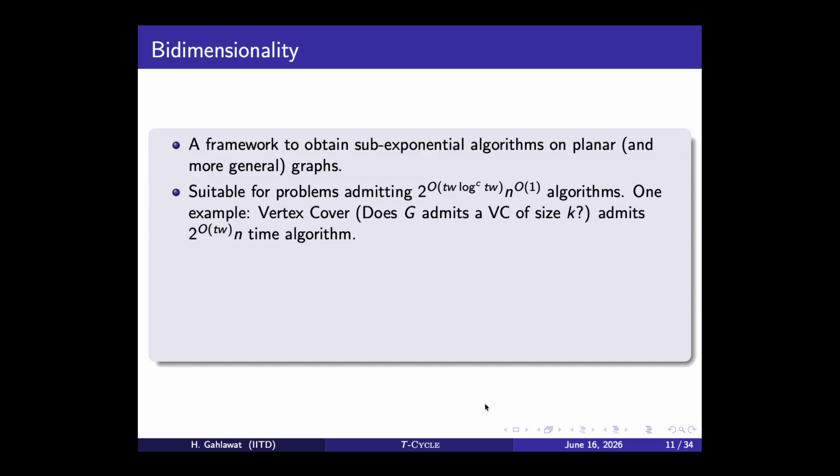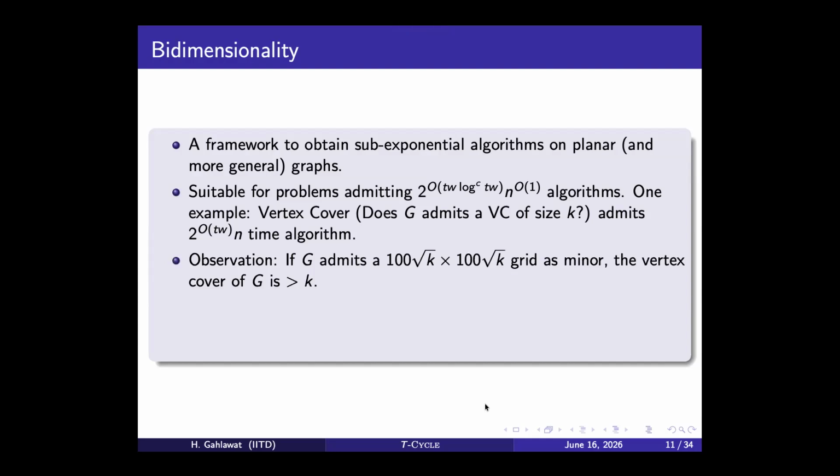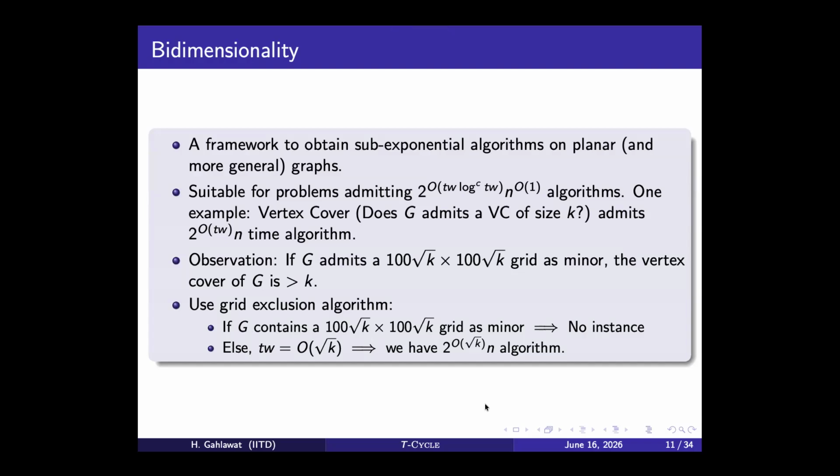Just to take an example, let's ask this question. Given a graph G, does it admit a vertex cover of size k? We know this problem admits a 2 to the power tree width algorithm. Immediately, if my graph admits a 100 square root k times 100 square root of k grid minor, then its vertex cover will be large, at least 50k. So my instance is immediately a no. So simply, we use this grid exclusion algorithm.